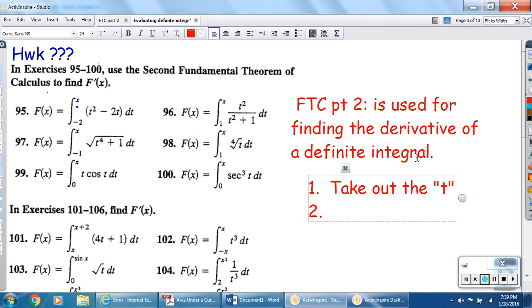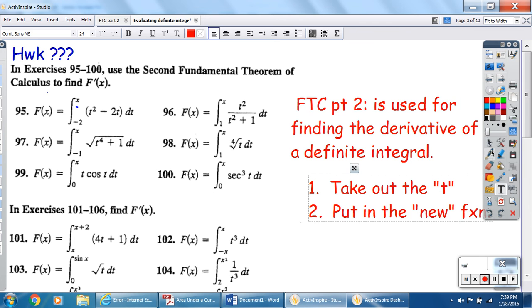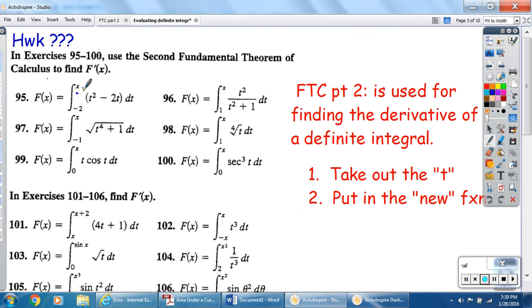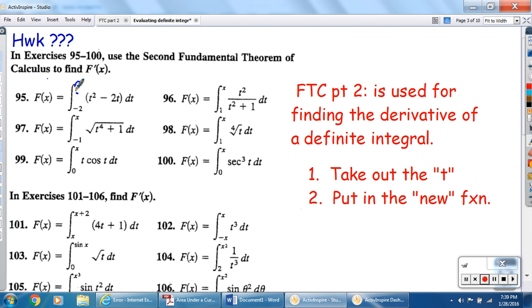variable. The second step is to put in the new function. Now the new function is the variable expression in the upper bound. In this first section, you'll see that the upper bound is always the variable of x.